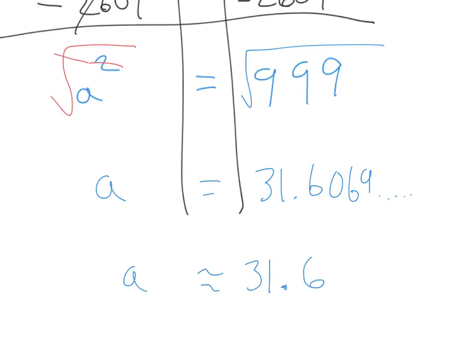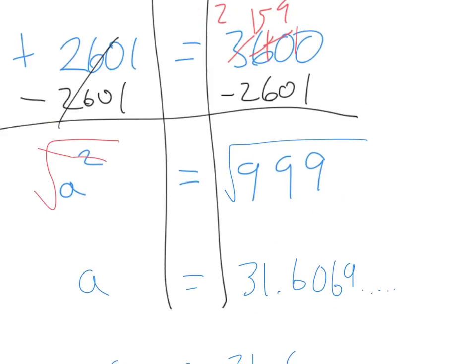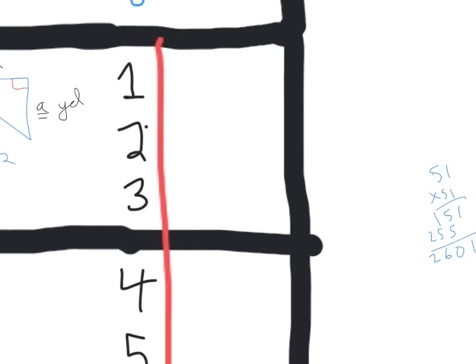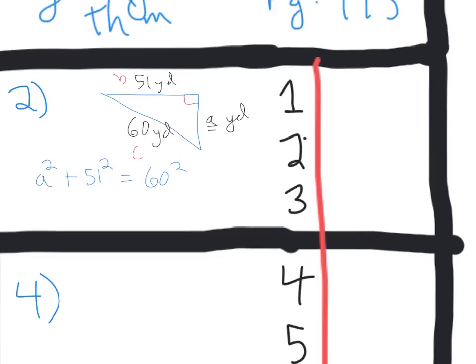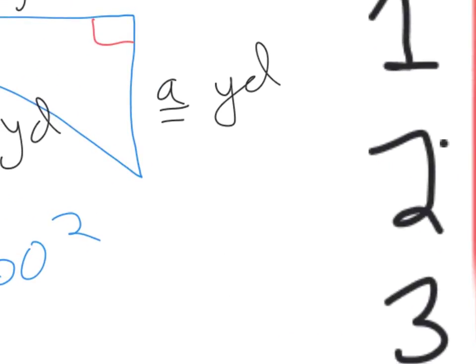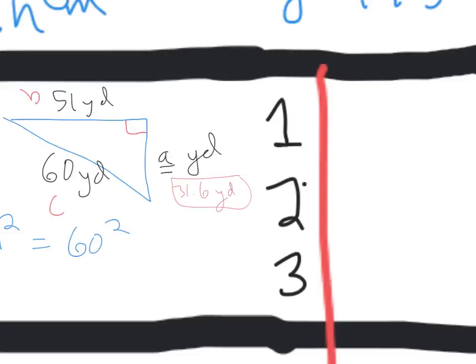So the rest of the questions on the homework are really just centered around this idea of the Pythagorean Theorem. So I'm just going to remind us once again what the formula is. It is a squared plus b squared equals c squared. And just remember that your a is your leg, small side of your triangle.